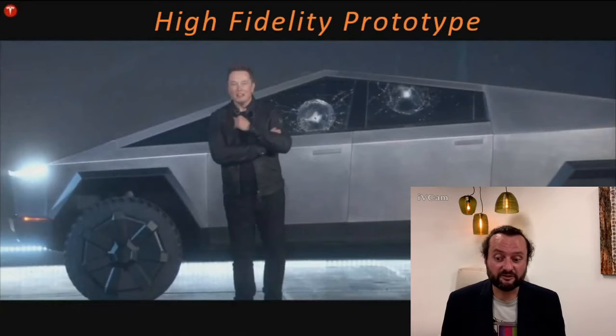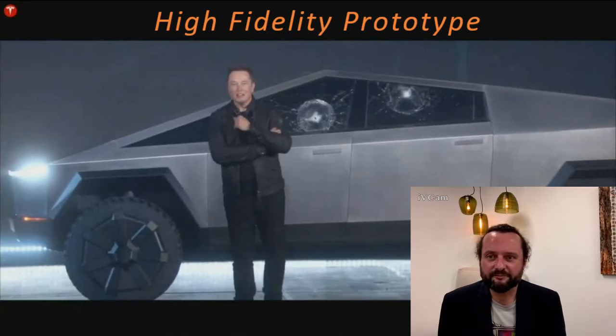It does have a lot of complexity, a lot of detail in it. And what Elon Musk wanted to test with it in the first place by the presentation is how desirable is his design. And as a side effect, he was also able to test how strong the windows really are, which did not quite work out the way he wanted it, or probably it did. We don't know for sure.